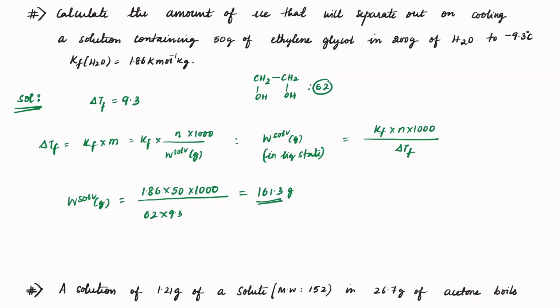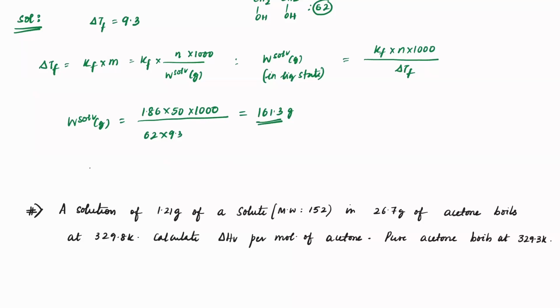So how much is the weight that has formed into ice? Therefore, weight of water converted into ice will be equal to 200 minus 161.3. Got it?